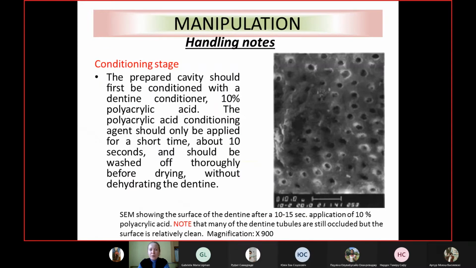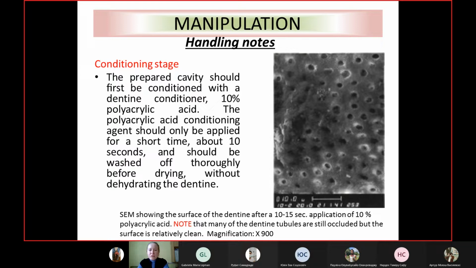Manipulation of glass ionomers. The first is the conditioning stage. In the set of material, together with powder and liquid, some manufacturers add a conditioner. The conditioner is 10% polyacrylic acid. Its main task is to clean the surface of dentine from the smear layer.